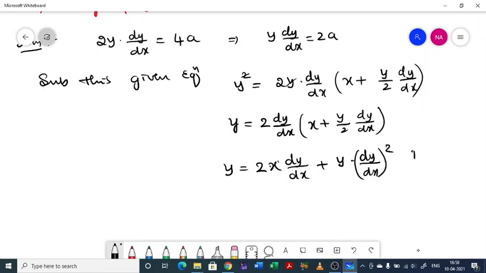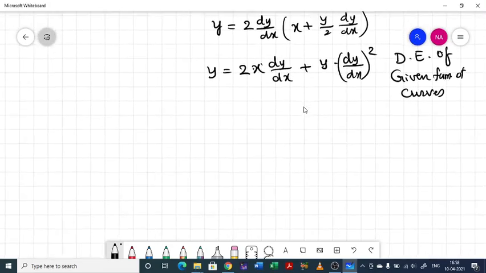So this is the differential equation of the given family of curves.